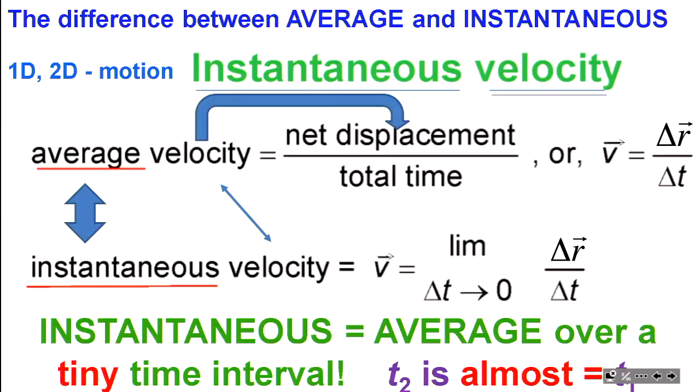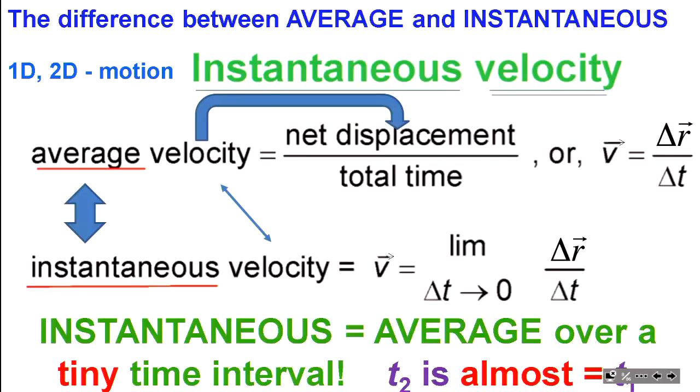And this is a standard definition of what this word instantaneous means. It means that we are just considering two instances very close to each other, or two locations, so close to each other that we actually cannot differentiate them.